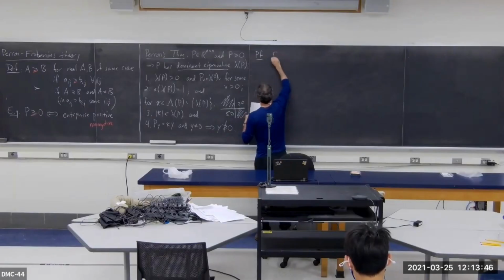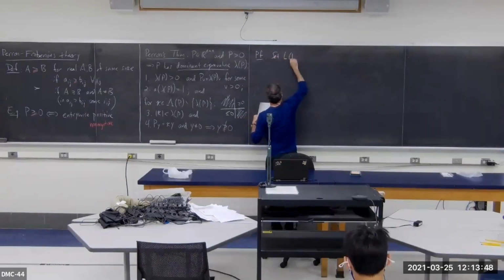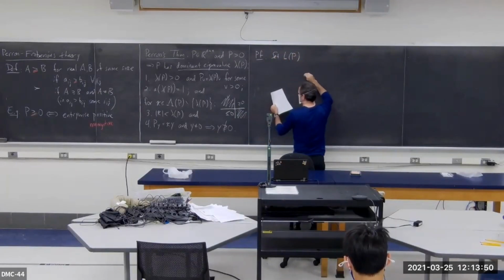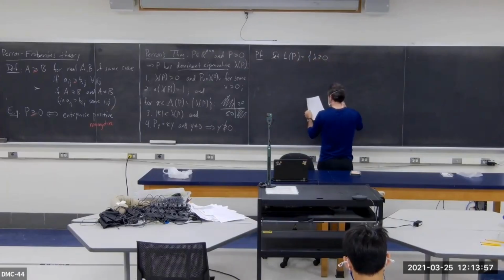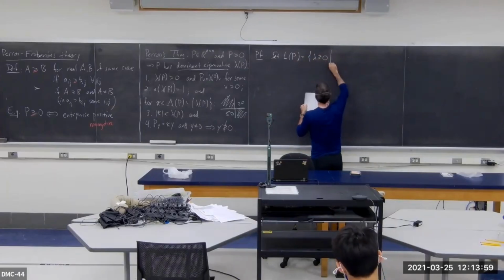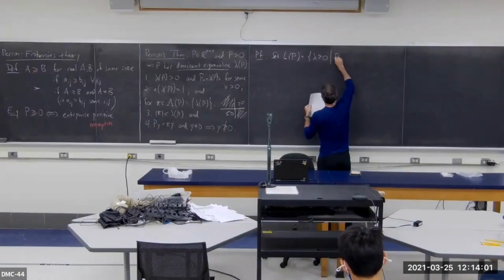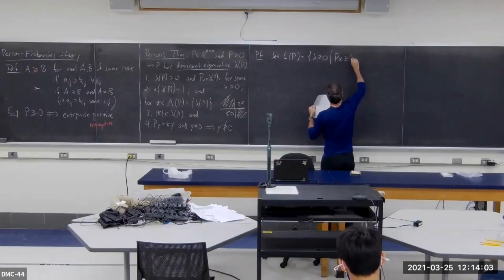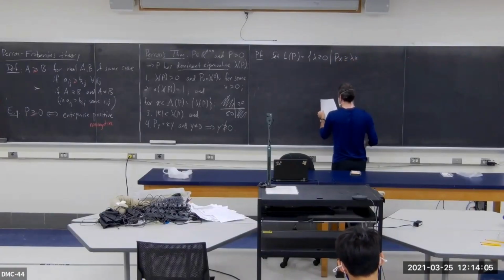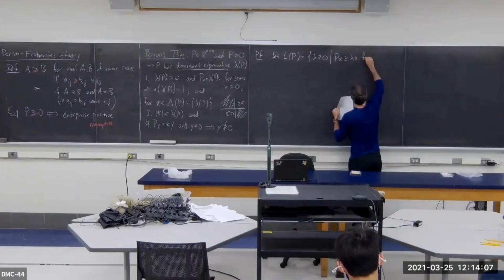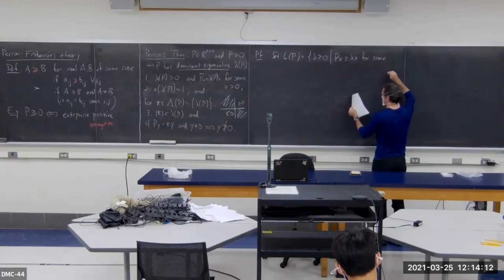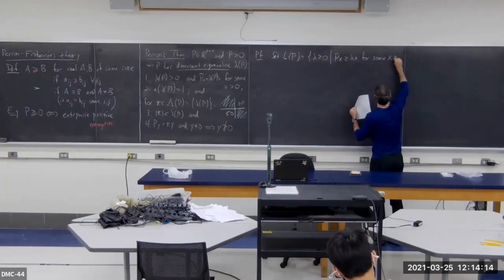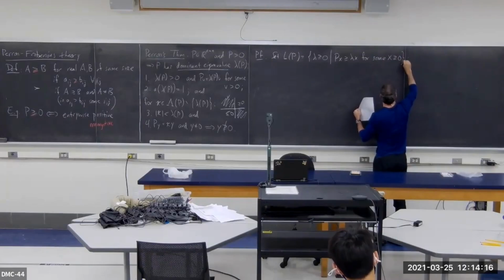Let's set L of P. This is really the key definition. It's going to be lambda greater than or equal to 0. So this is non-negative real numbers lambda, such that P of x is greater than or equal to lambda x, for some non-negative x.